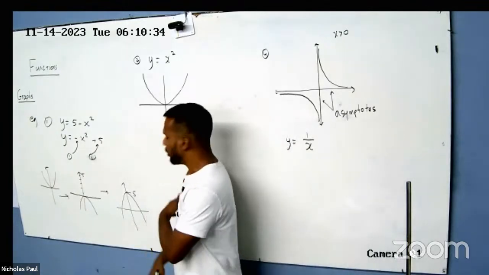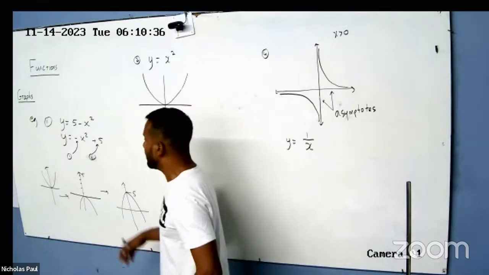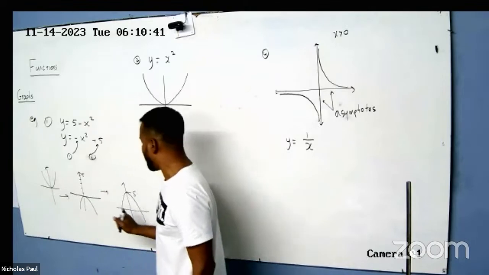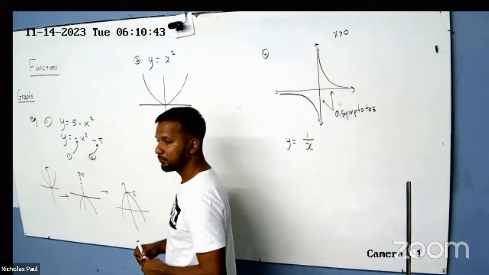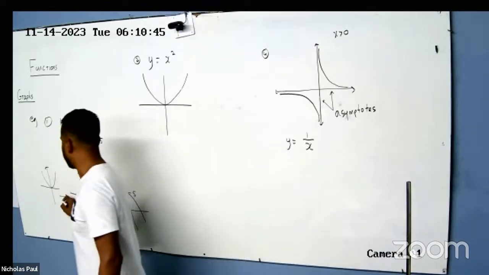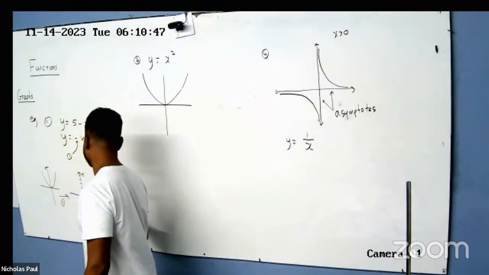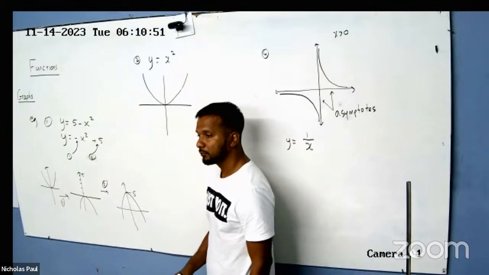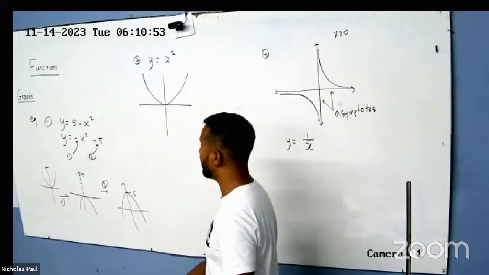No, that is perfect. So you start here, you reflect in the x-axis, and then you move it up 5. Okay? So this is the first transformation, Timothy, and this is the second transformation. That's what the answer looks like. That's okay?